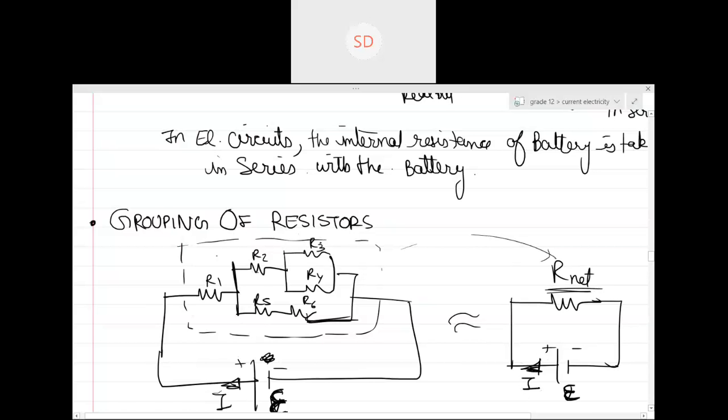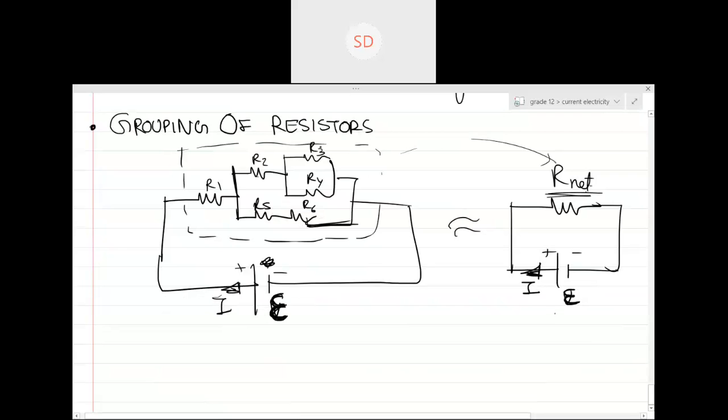Then we say we have grouped these resistors into a single resistor R net. Is it clear? This is basically called the grouping of resistors.